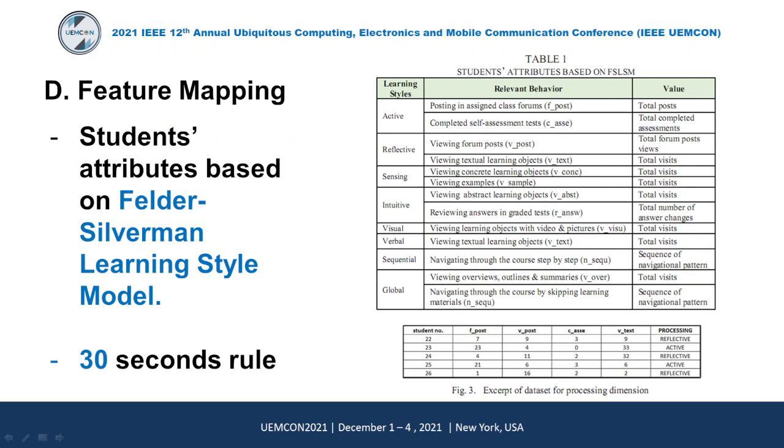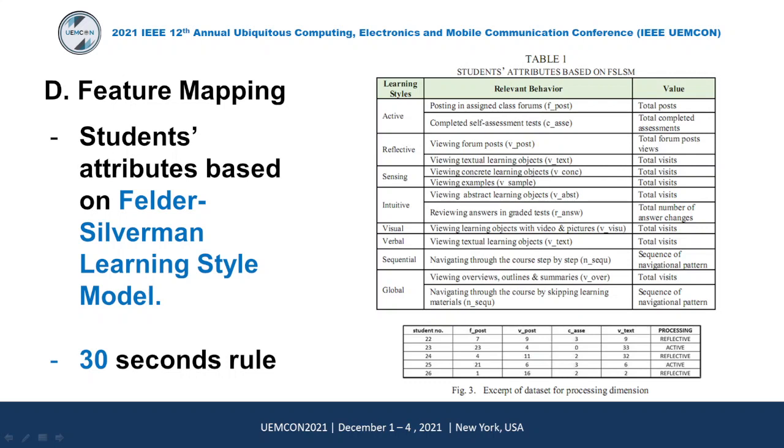For our feature mapping, we select features based on the description of our selected learning style model. As you can see in Table 1, active learners, for example, tend to post more on class forums and tend to complete self-assessment tests, and so on.